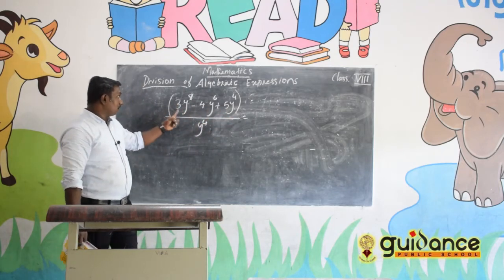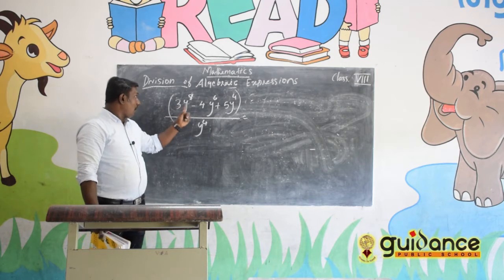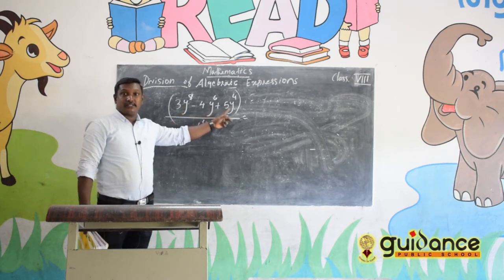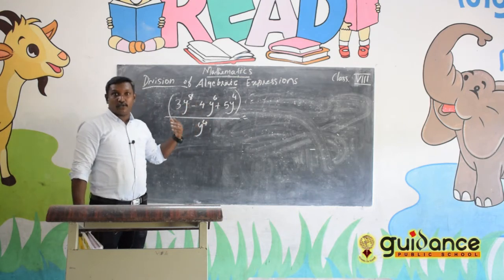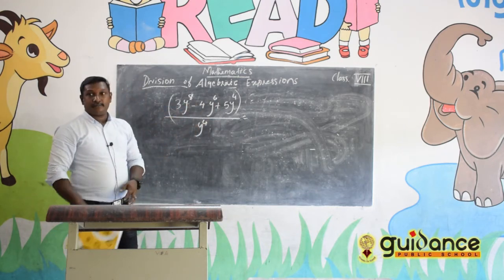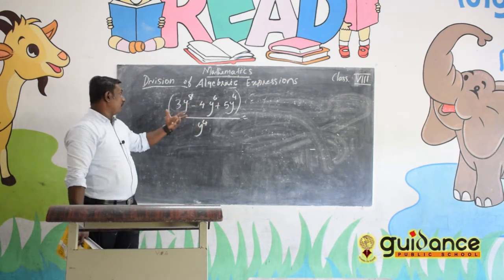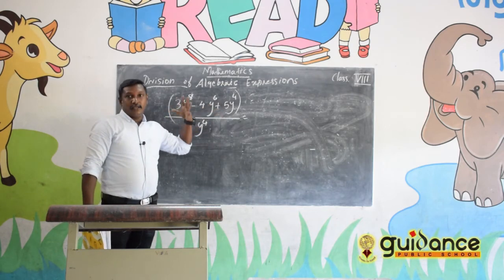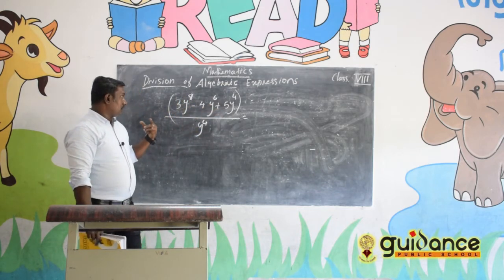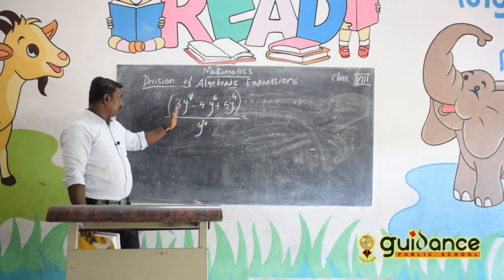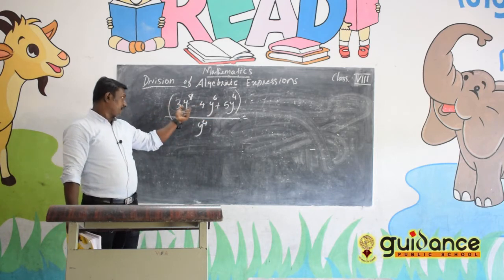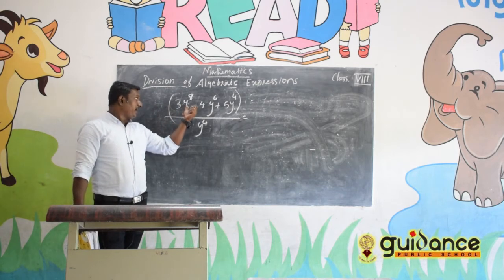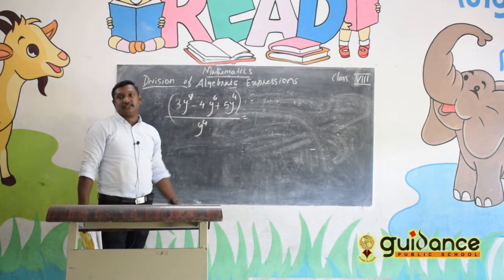First, we have to think about the numerator. Is there any common coefficient? Because 3, 4, 5 have no common factor. These are consecutive natural numbers with no common factors. But the algebraic variable consists of y raised to 8, y raised to 6, y raised to 4.